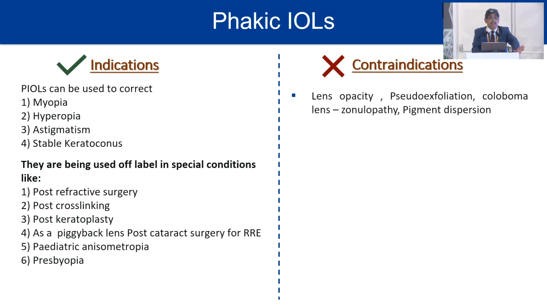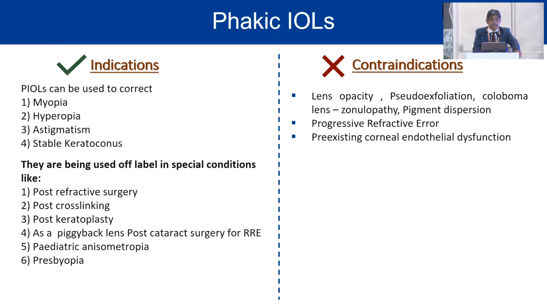The contraindications are to be remembered, and they are very important. If they have any lens opacity, or zonular dialysis, coloboma, or pseudoexfoliation, pigment dispersion, or there is a progressive refractive error, or if there is pre-existing corneal endothelial dysfunction, or they are harboring glaucoma, or chances of glaucoma are there.